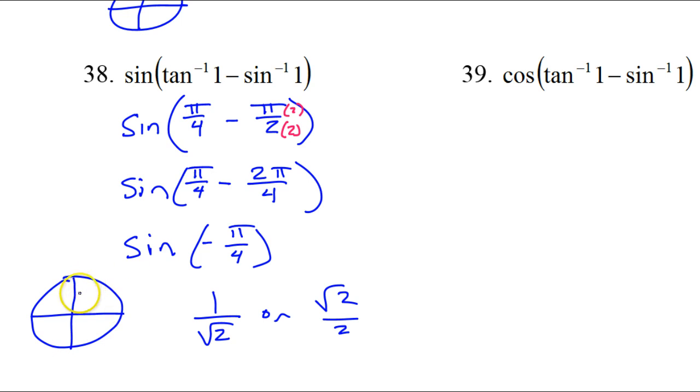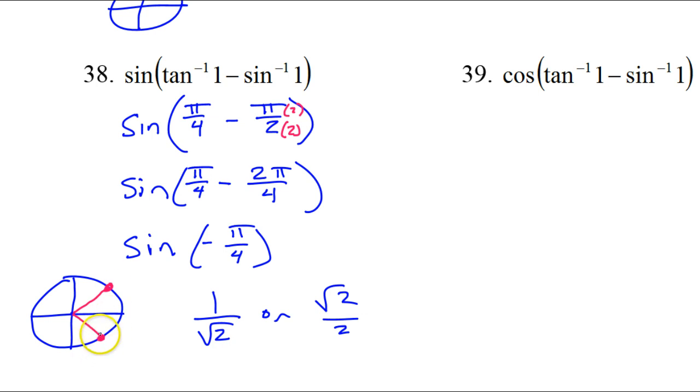Okay, so here's pi over 4 right here. The sine of pi over 4 was 1 over radical 2. Now here is negative pi over 4 down here. Will this be positive or negative?